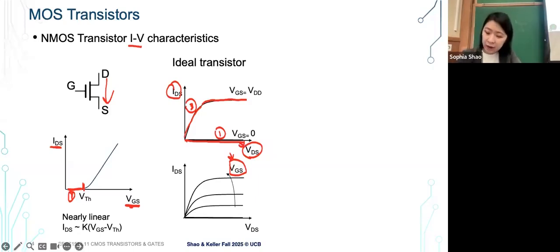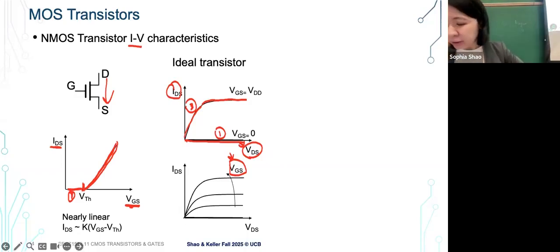But once the gate voltage is high enough, this is the behavior that we're observing for how big the current is flowing through. And I think you will talk more about the different behaviors and how they scale with channel length and all the different factors, probably in 106 or even 130, where you'll do a very deep dive into that.